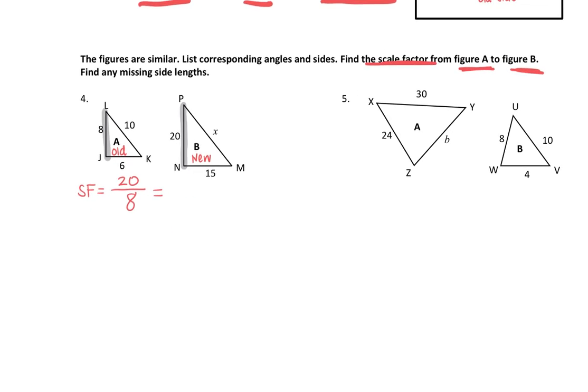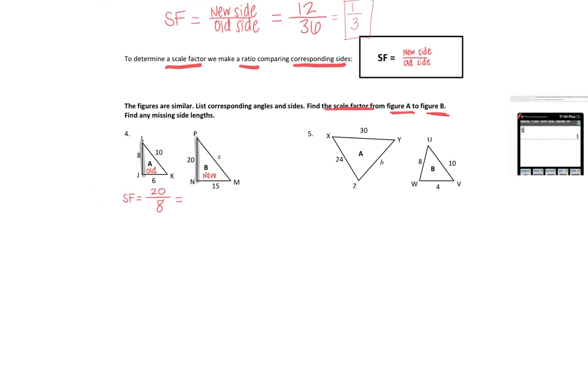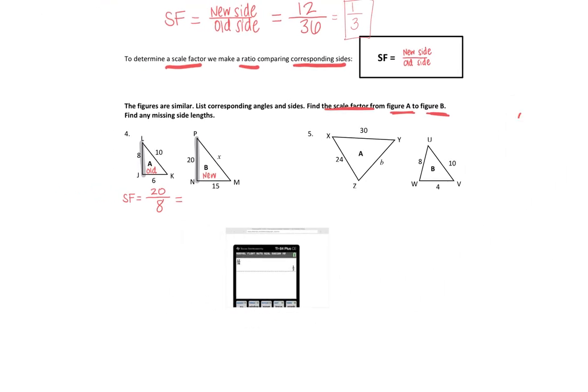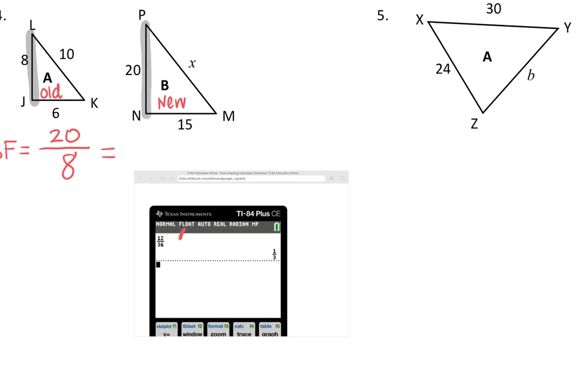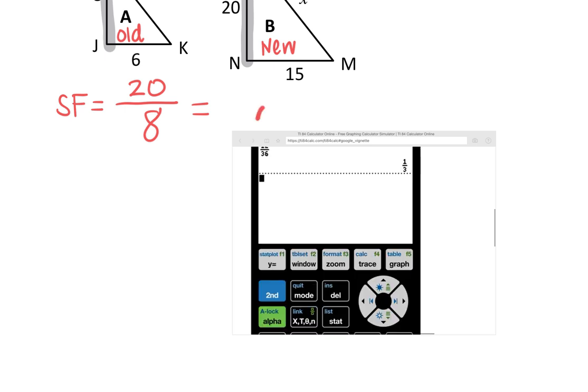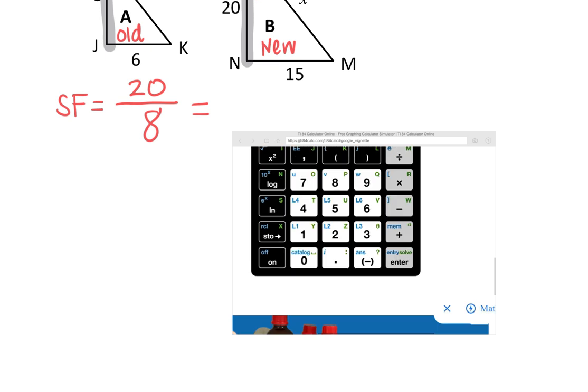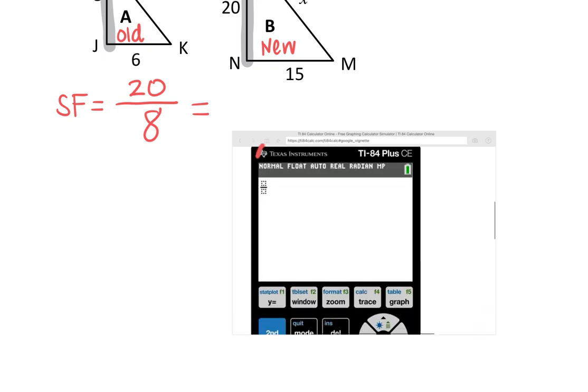Okay, I'm going to pull in my calculator and get that going. I have my calculator right there, so I'm going to just pull it in here and zoom in. Alpha y equals 1. Okay, so I'm going to put 20 over 8.